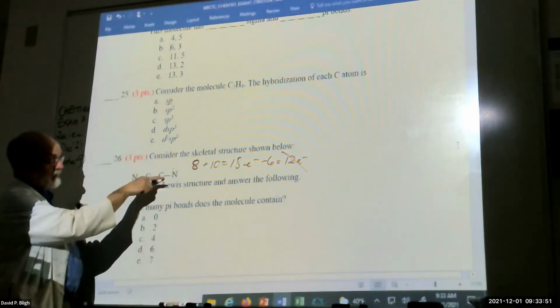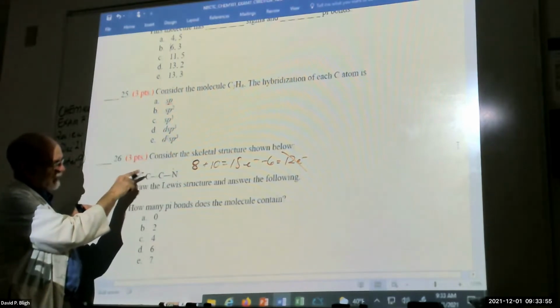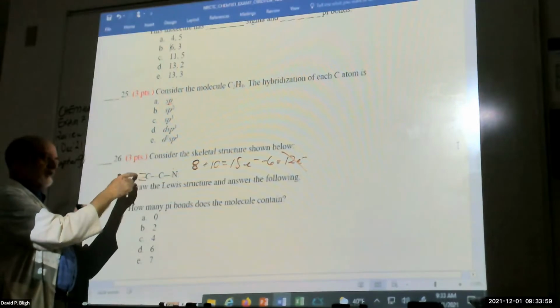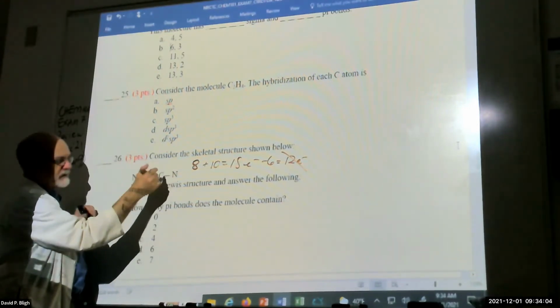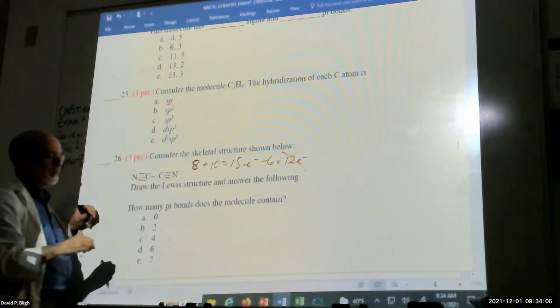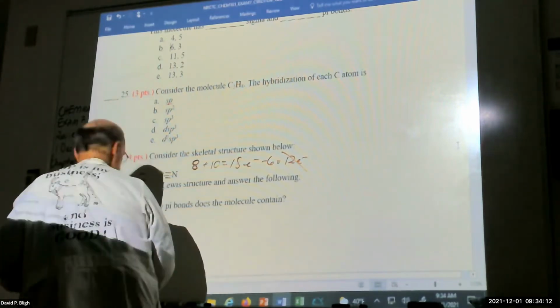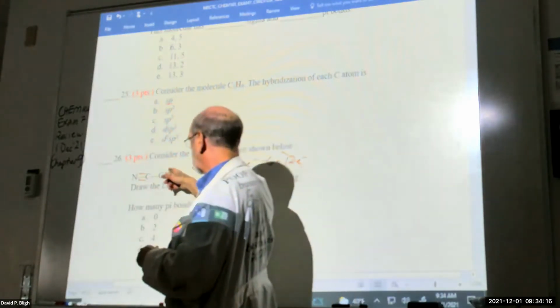We've got nothing to work with in here, but we can put a pair here and a pair here, like that. 2, 4, 6, 8, 2, 4, 6, 8. Let's move these 2 over here like this. There we go. And that gives us, how many pi bonds does the molecule have? So that's 1, 2, 3, 4.